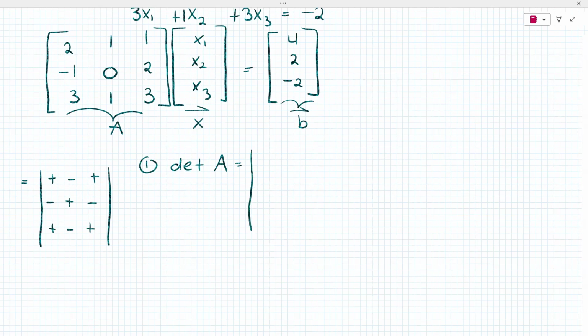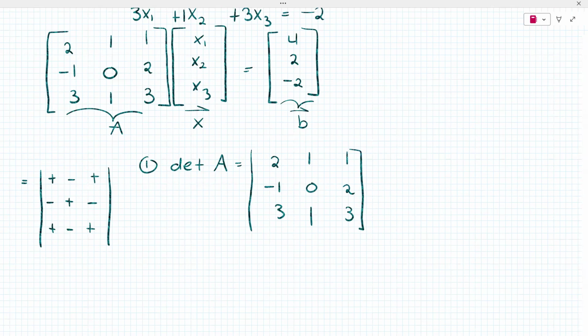Which is the coefficients, so it's going to be 2, -1, 3, 1, 0, 1, 2. Okay, so what do you want to do?